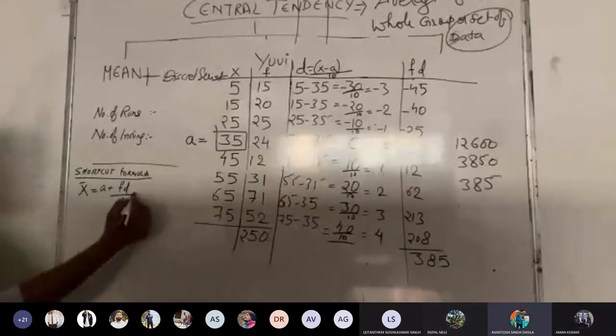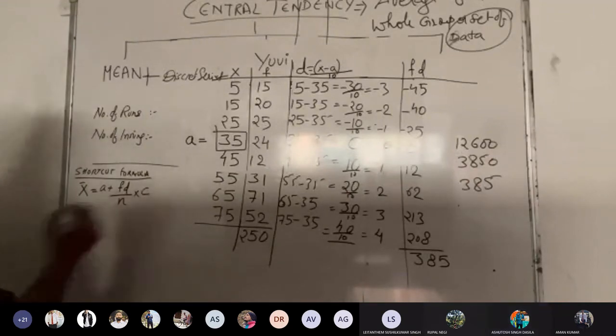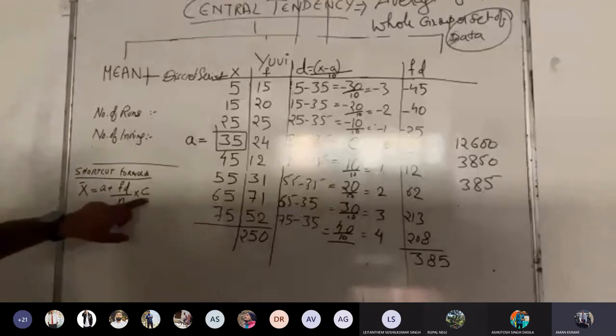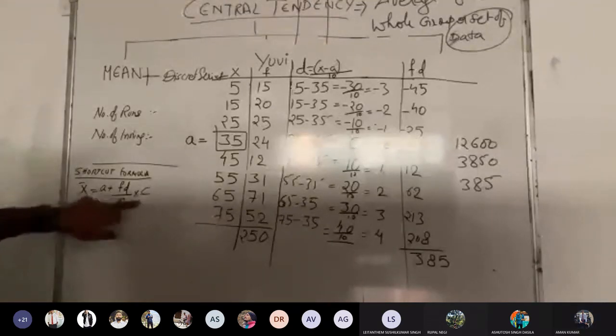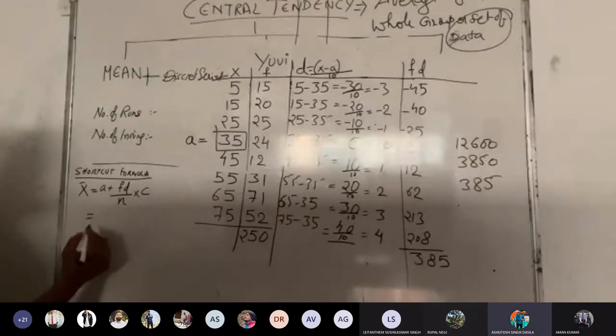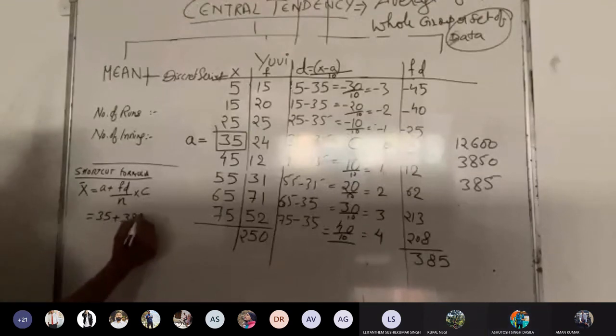Now what are we going to do here? What was the common factor with which we divided? 10. I added one C in the formula. Should I add it now? Yes, sir. So now what is A here? 35. And what is FD? 385.